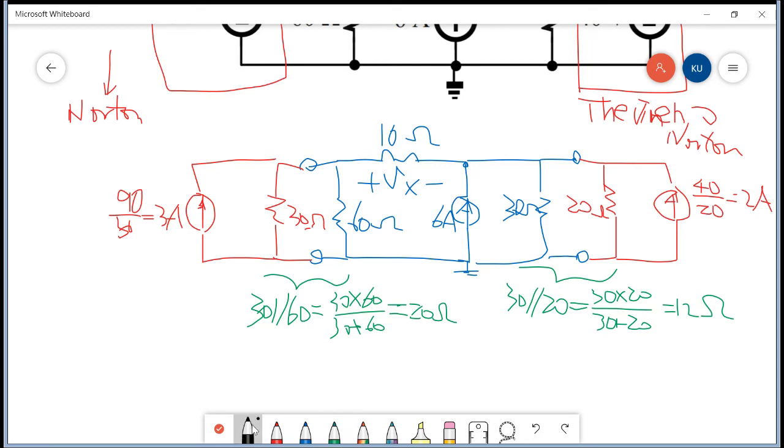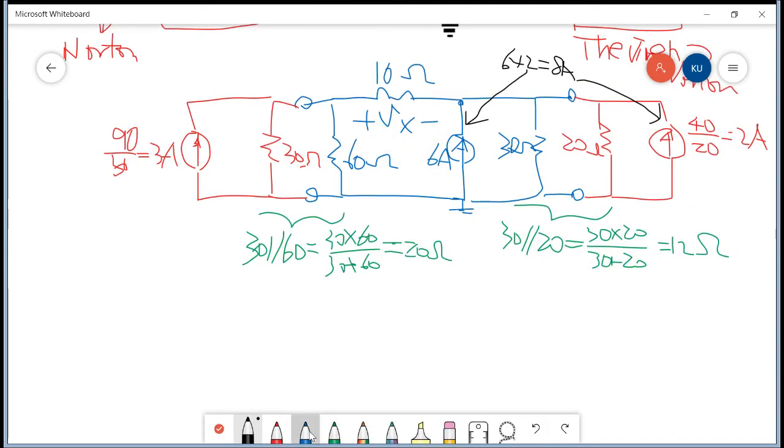And also we have this one is 6A, and then this one is 2A. So all of them are pointing upward, so we add them together. 6 plus 2 is 8A. So we can redraw the circuit like this. This is 3A. This is 20 ohm.